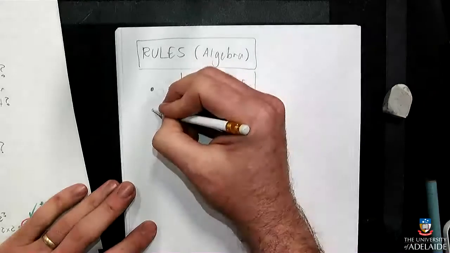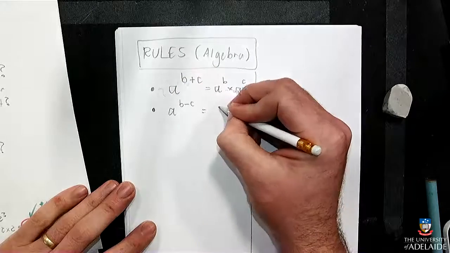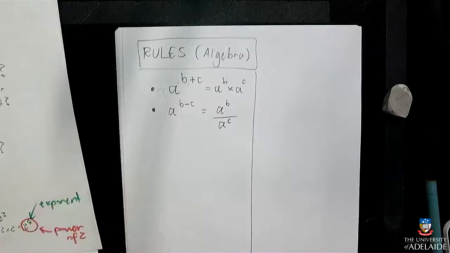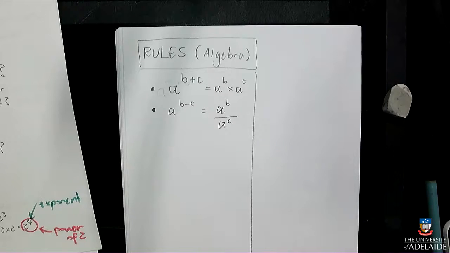And a to the b minus c is the same as a to the b divided by a to the c. These follow from the fact that if you keep adding the same thing, you'll keep multiplying by the same thing. That comes from this rule here. If you keep adding 1, you'll be multiplying by a, because that's the definition. And so if you add c lots of 1, then you'll do a c times, and that will be a to the power of c.